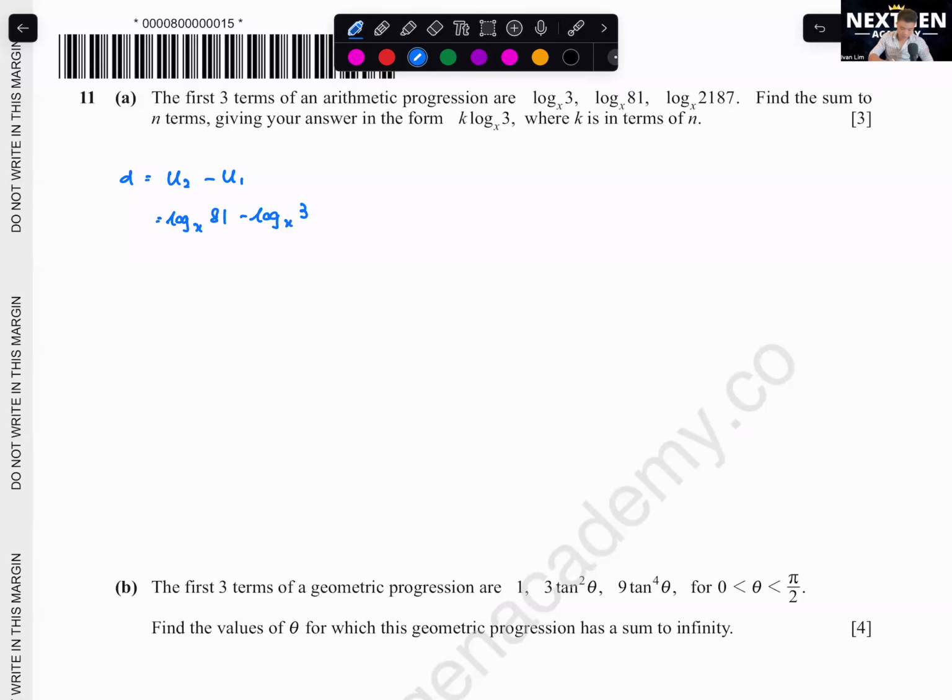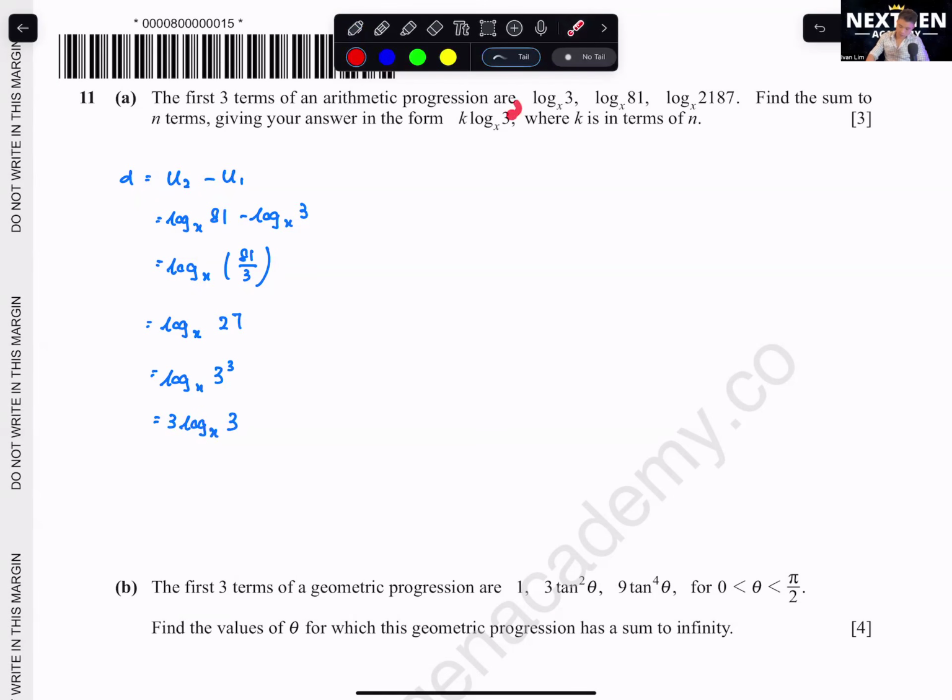We can take 81 divided by 3, which is log x 27. You can simplify it if you want. You can write it as 3 log x 3, because later on, in the final answer, you need some sort of log x 3.